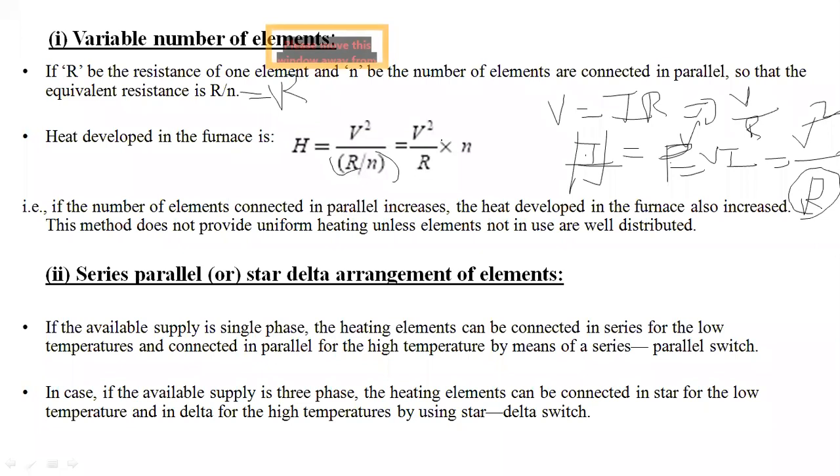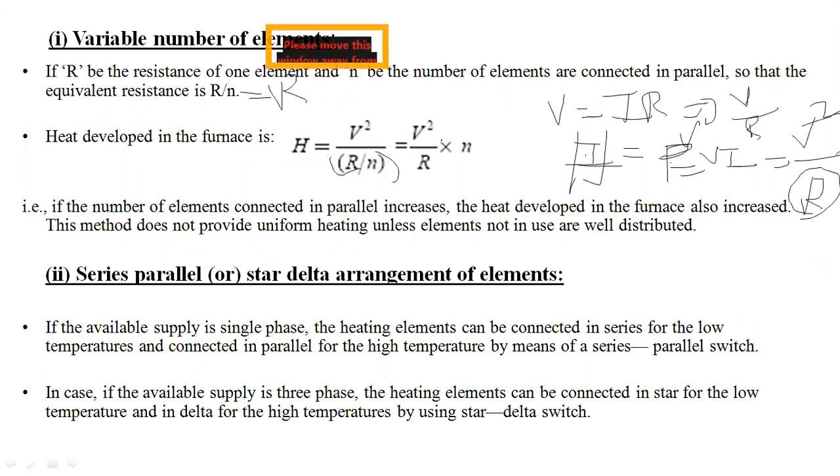So by changing these elements, we are going to control the temperature of the furnace. The second one is series parallel or star delta arrangements. Here, as I said in the second point, this is to control the voltage or the current supplied to the furnace. This is done by the series parallel connection or star delta connection of the heating elements.